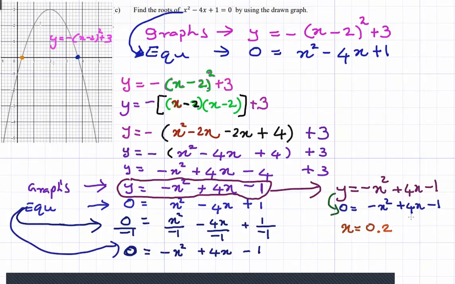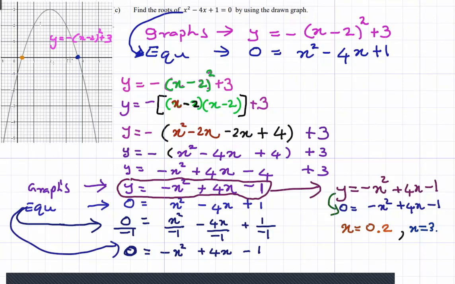What's the other answer? There's another point where y is 0. That is this blue point. So at the blue point, what's the value of x? That is 3 point what? There are 4 tiny boxes to go to reach the blue point after 3. Each tiny box represents 0.2.